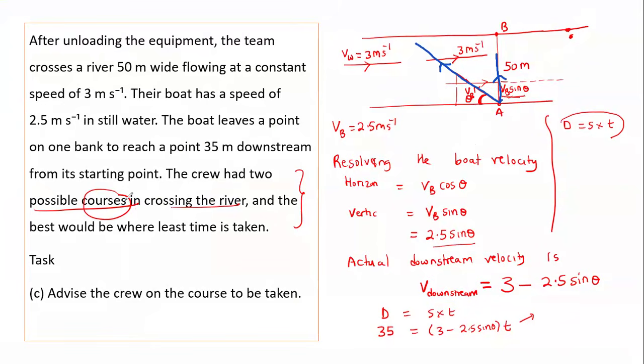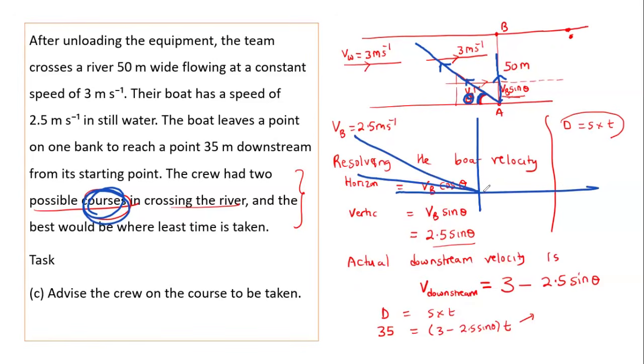But I don't know the course which is fitter, the angle at which I must move. Let me say this is your river. Someone can move like this, someone can move like this, someone can move like this. That is why we are resolving, because you don't know the angle at which you must move. Is that fine? Not yet.